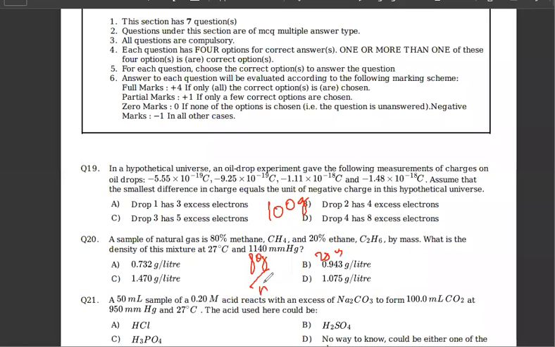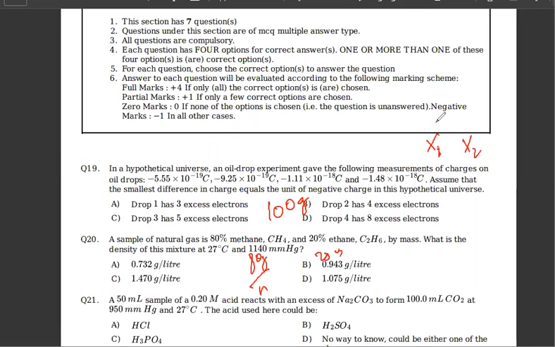So the number of moles of ethane and the number of moles of methane you can find, right? Then the mole fraction of ethane and the mole fraction of methane you can find.